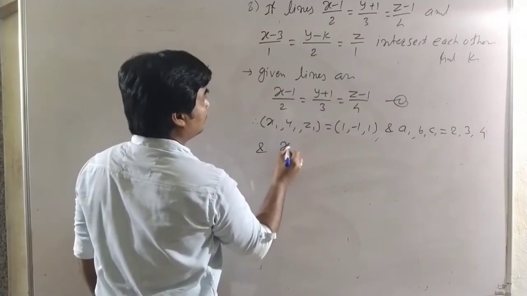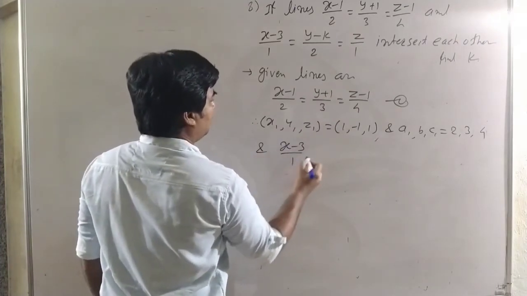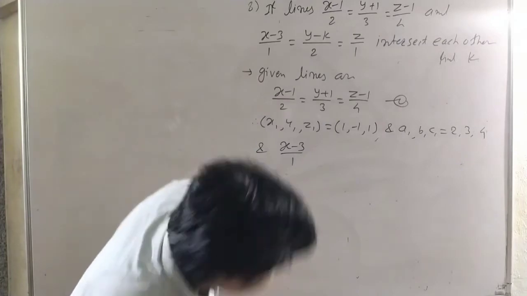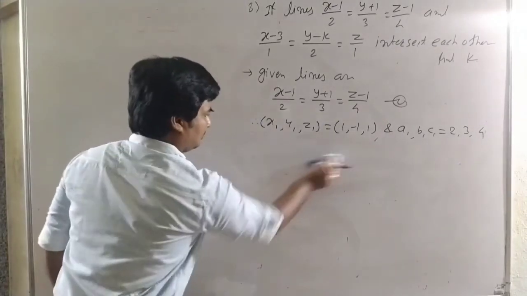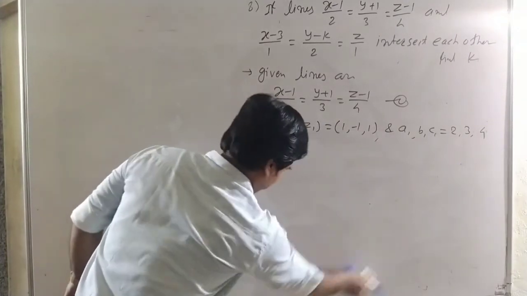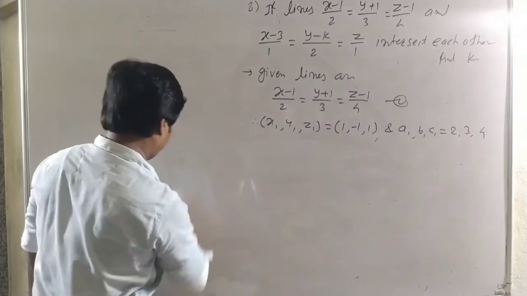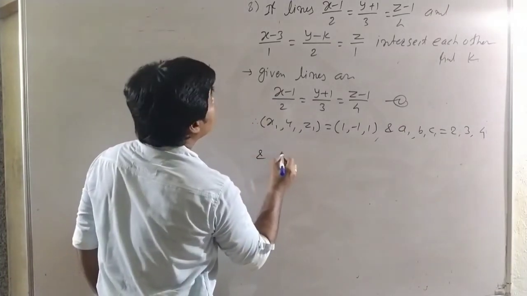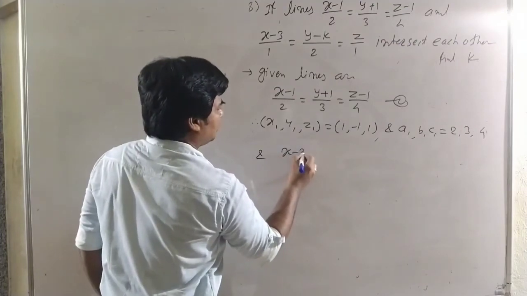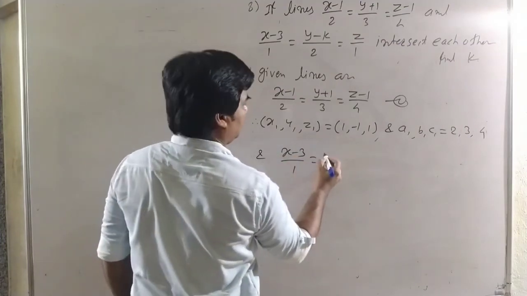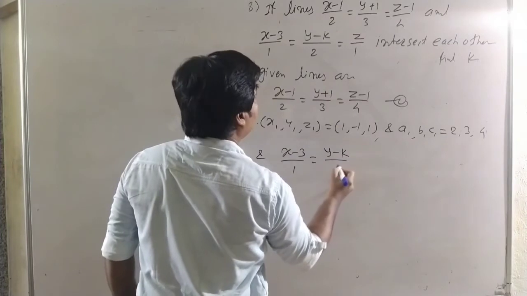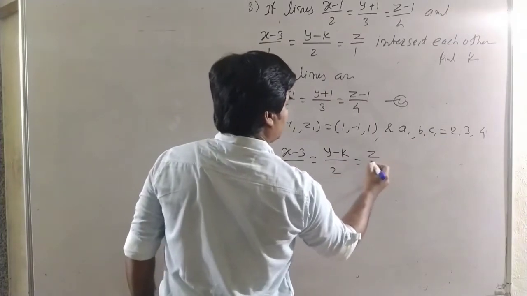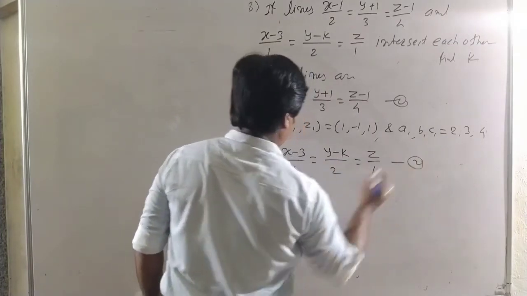The second line is (x minus 3)/1 = (y minus k)/2 = z/1. It is line number 2.